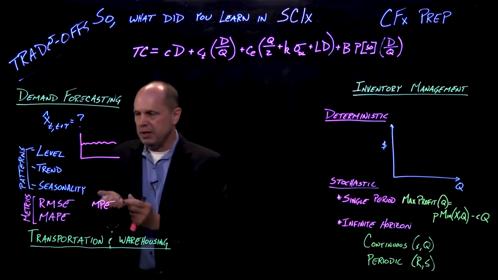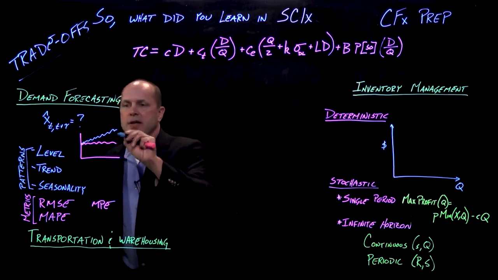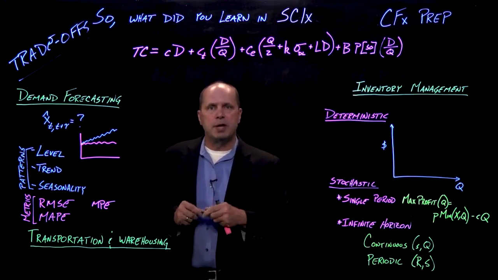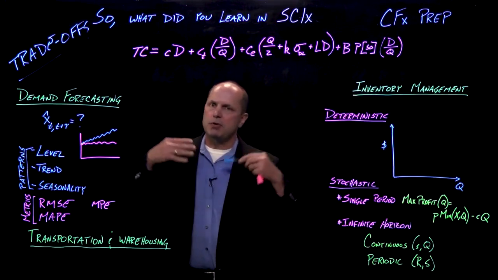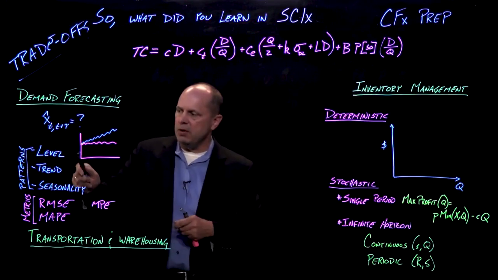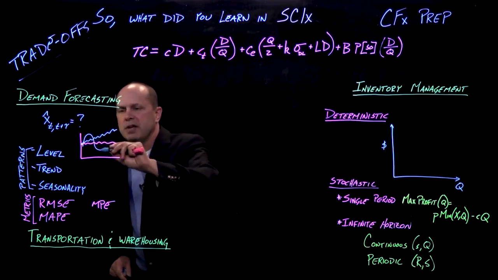But you might have something like a trend. Usually we look at positive trends, right? And in that case, some of those simple techniques fail. So we introduced exponential smoothing. And there's a whole series of different exponential smoothing models that incorporate level, trend, and seasonality. So I might have something like this.